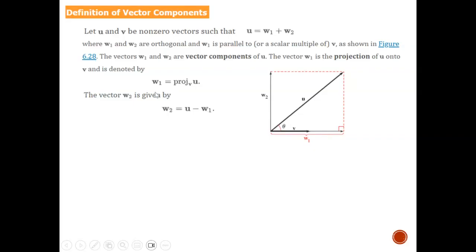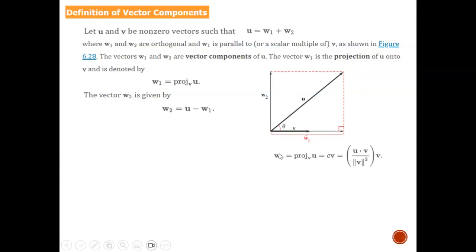So in this problem, guys, the next example, we're going to find vector w1, which is a projection onto the other vector, and then we have to find w2. Because if u is equal to w1 plus w2, then w2 is equal to u minus w1, because all we do is subtract w1 from both sides, and this is how we find vector w2. Okay, and here's the formula for the projection.